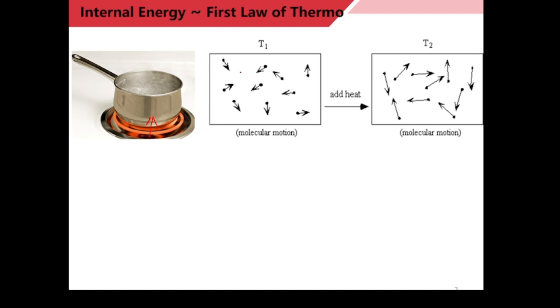Before heating, the molecular activity was small, and after heating, its molecular activity has increased. It means the average internal energy of the molecules has increased. That is called temperature, or simply delta U is equal to m Cv delta T. It means internal energy has increased. Here the energy is U1, and here its internal energy is U2.